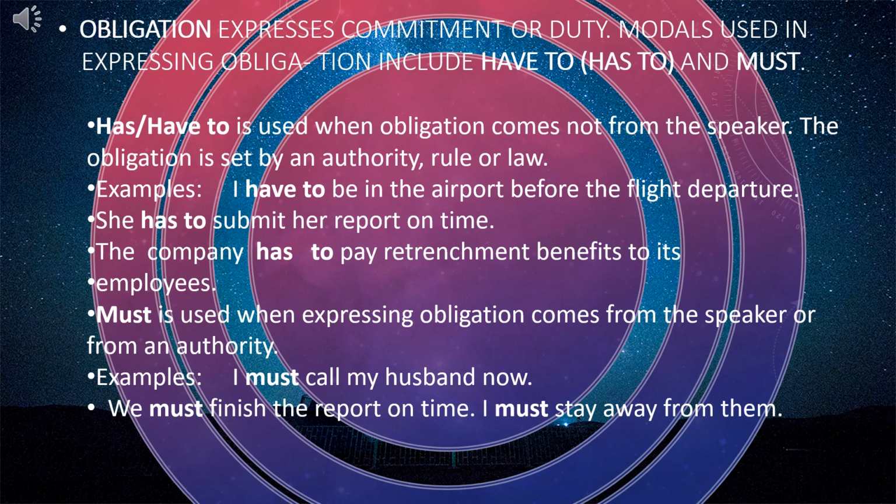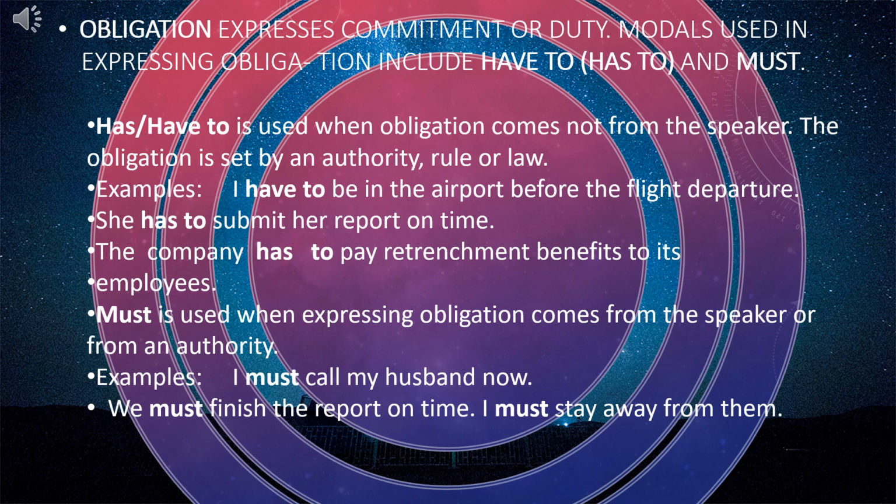The "I must stay away from them" is an obligation imposed by the speaker on himself or herself. While in "We must finish the report on time," there's an authority asking them to finish the report. So he or she must impose an obligation on himself or herself.